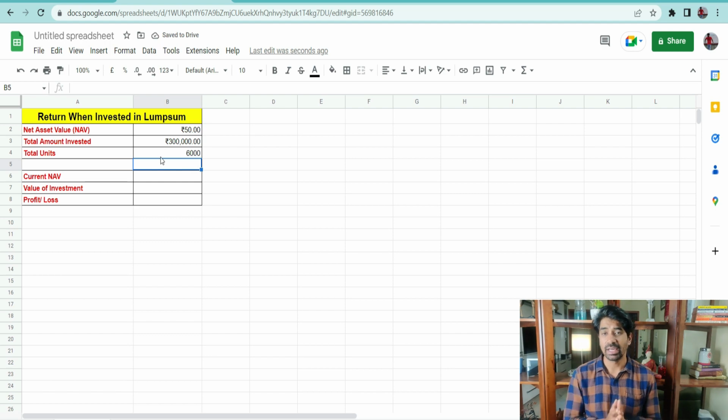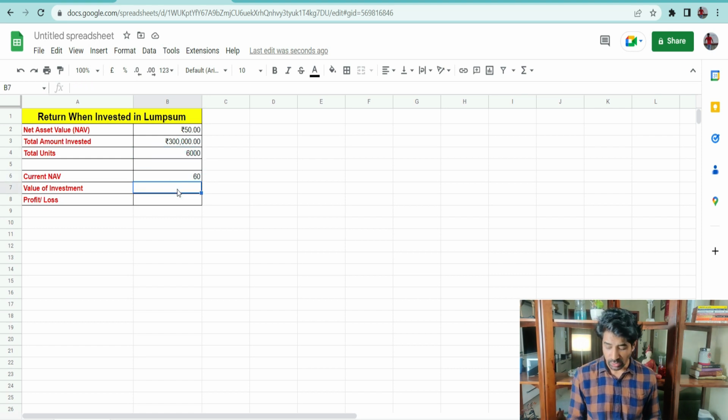So let's say after 1 month, the NAV of that particular mutual fund becomes 60. So what would be your total value of investment? The total value of investment would be the units into the current NAV.